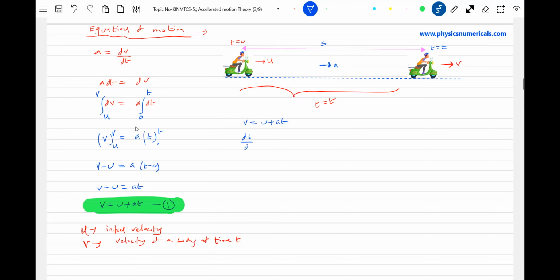What is v? ds by dt. So ds equals u dt plus at dt. The limits are 0 to s and 0 to t. At t equals 0, what was the position of the particle? It was here at the origin, so s equals 0. The distance covered is s. At time t it will have a displacement of s.